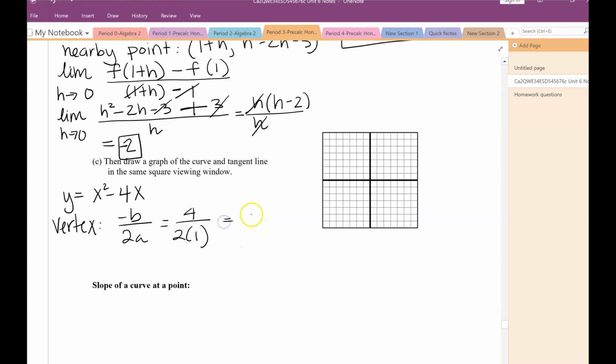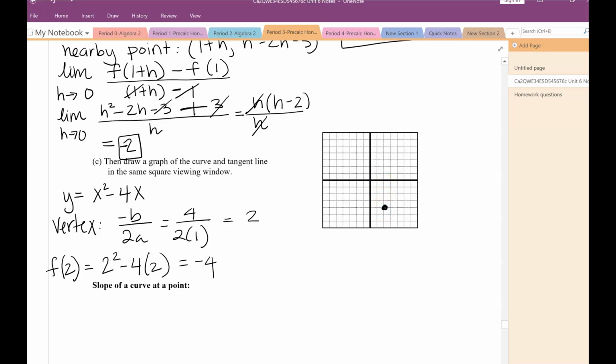So that's going to be an x coordinate of 2. Let's plug it in. f of 2 is going to be 2 squared minus 4 times 2. So the y coordinate of your vertex is -4. Okay, so 2, -4.